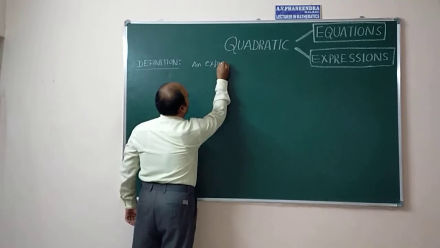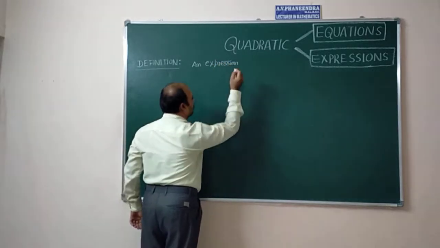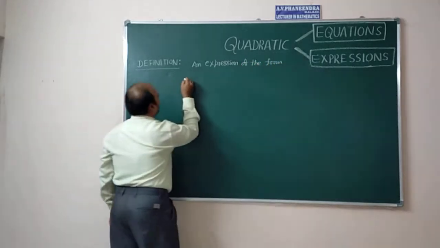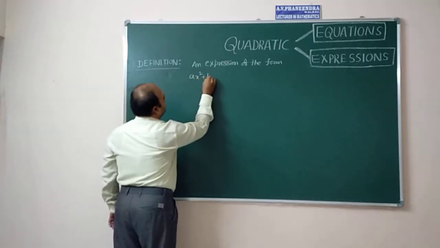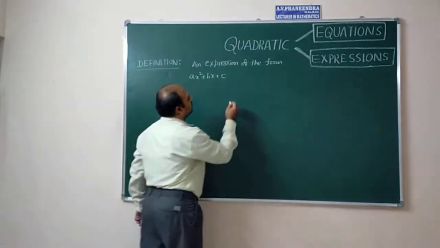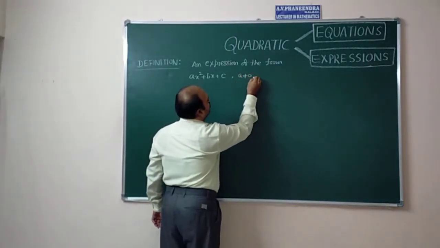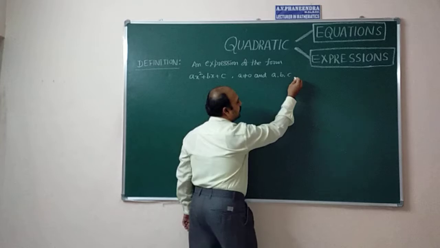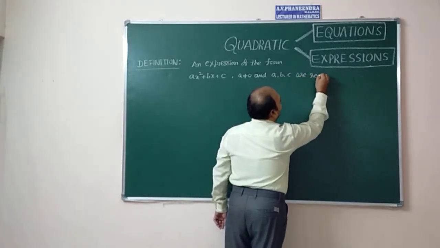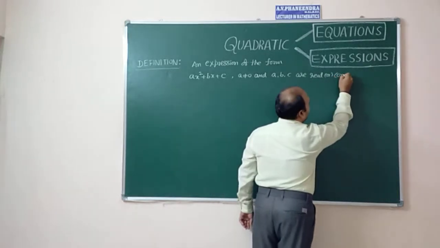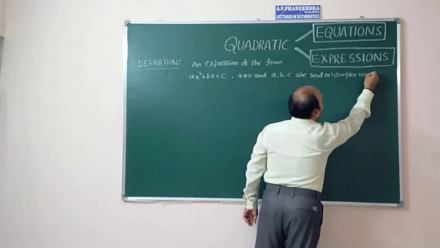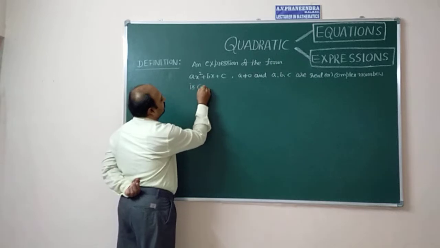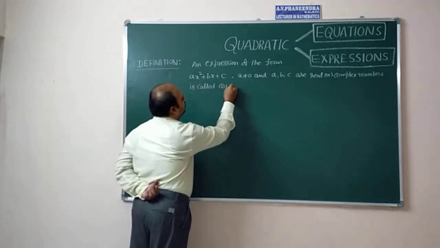An expression of the form ax square plus bx plus c, where a is not equal to 0 and a, b, c are real or complex numbers, is called a quadratic expression.